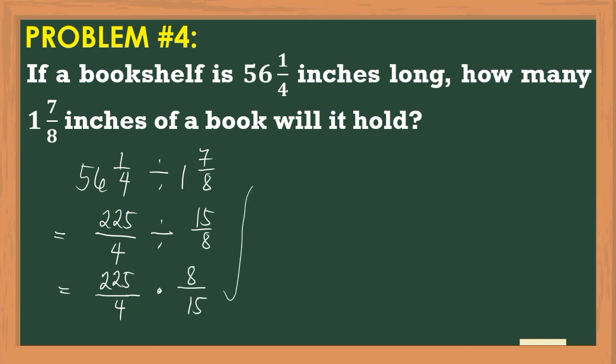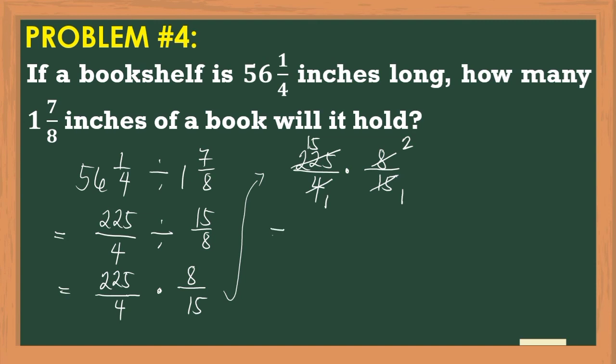So, rewrite lang natin. Okay. So, the GCF of 225 and 15, that is 15. So, 225 will become 15, and 15 will become 1. 4 and 8, the GCF is 4. So, 8 will become 2, and then 4 will become 1.